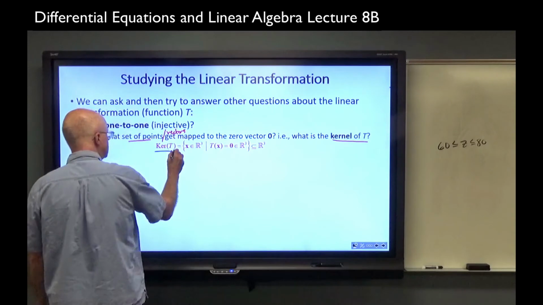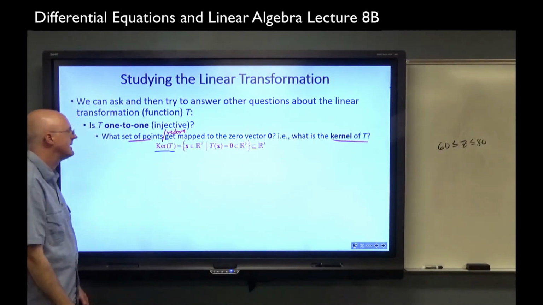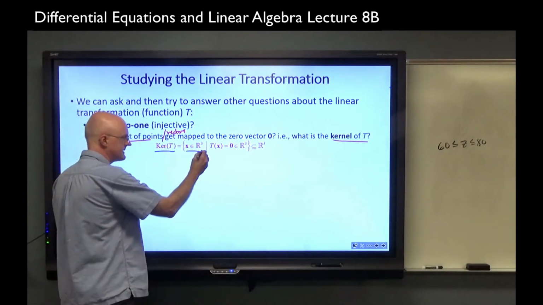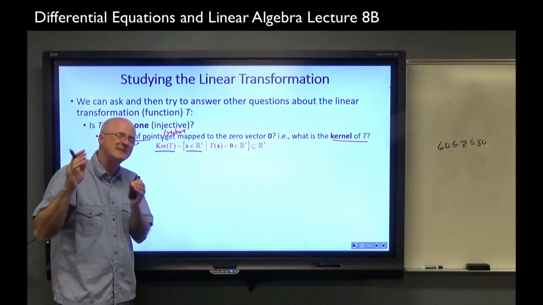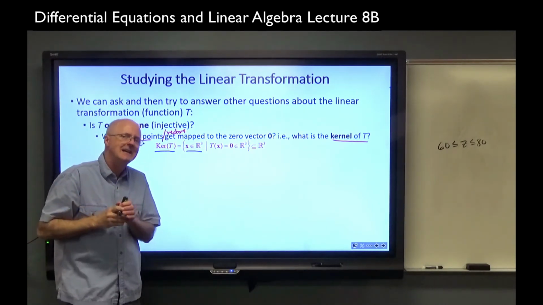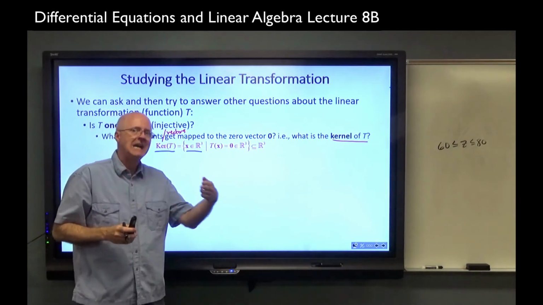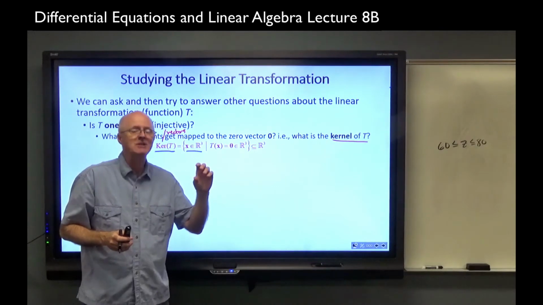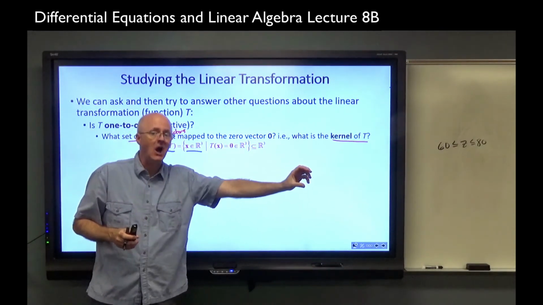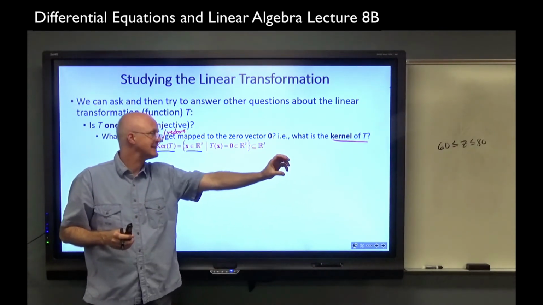The kernel of T, shorthanded ker T, is the set of all x in R3 in this example, thinking of that as the input space. If our matrix was m by n, m rows, n columns, the domain would be Rn, n-dimensional space, and the codomain would be Rm, m-dimensional space.